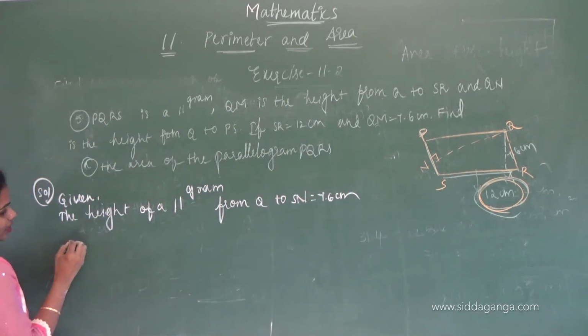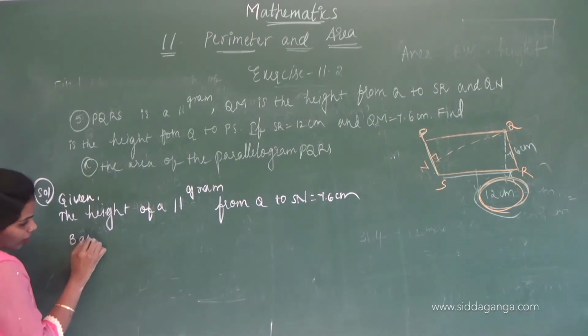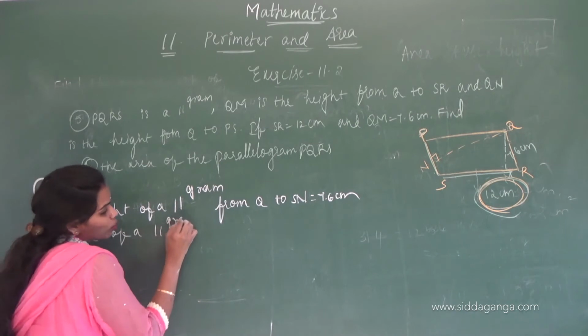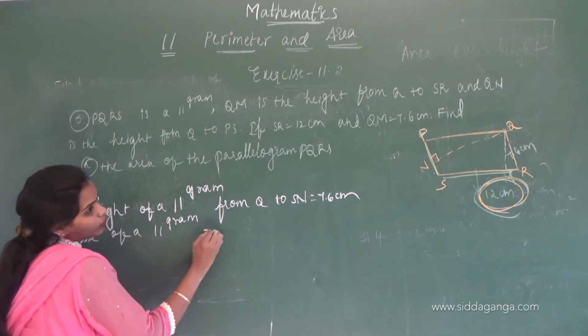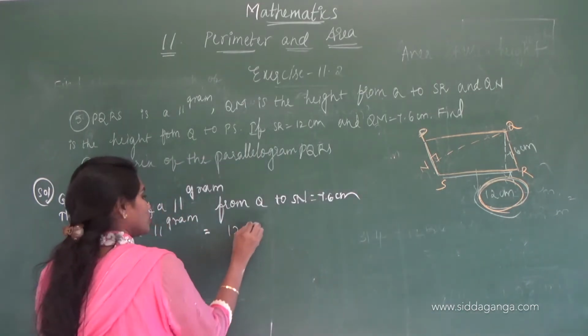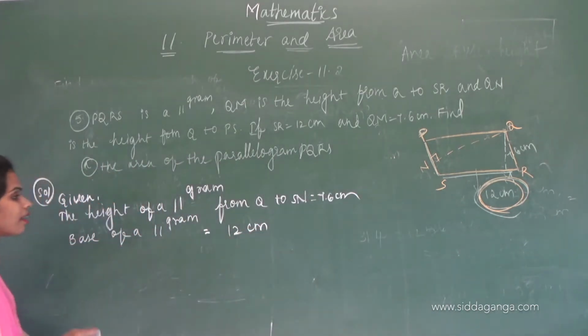And then base. Since the base of a parallelogram is 12 centimeters, we can find the area, correct?